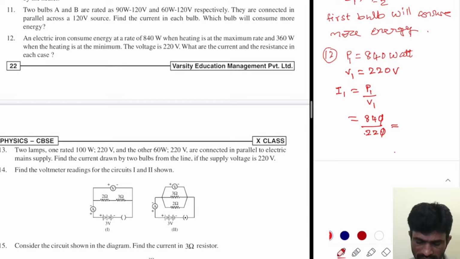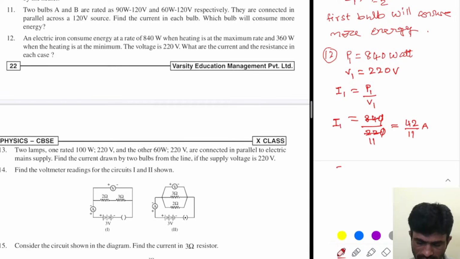We cancel by the 11 table, 2 elevens are 22, 2 twenty-ones are 42. So it is going to be 42 by 11 amperes. Let it be I1.